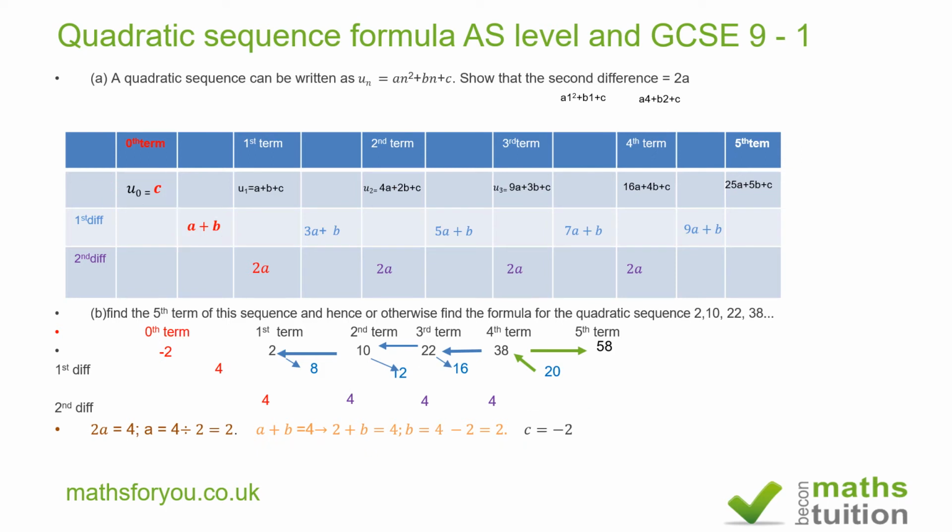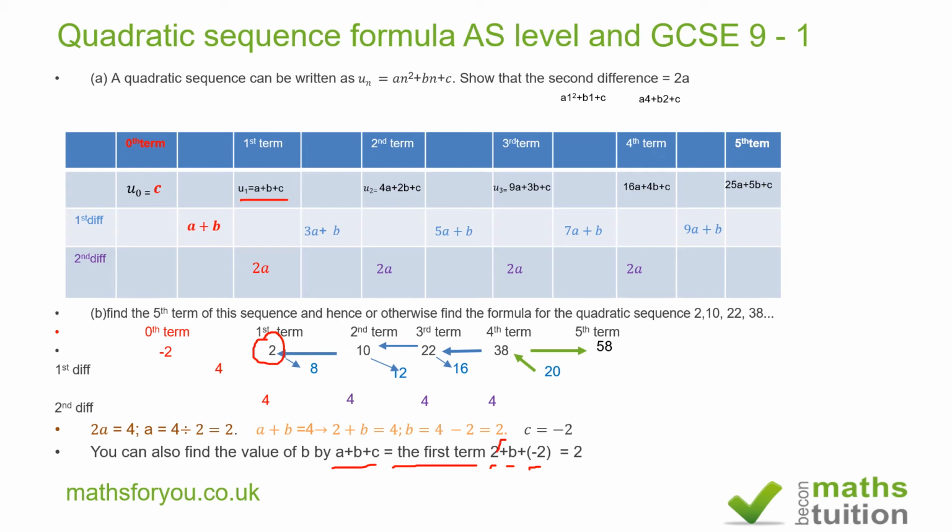Right. Now, we can also find the value of b by saying that a plus b plus c is equal to the first term. a plus b plus c is u sub 1, and the first term here is 2. So we've got 2 plus b plus c, which is minus 2.